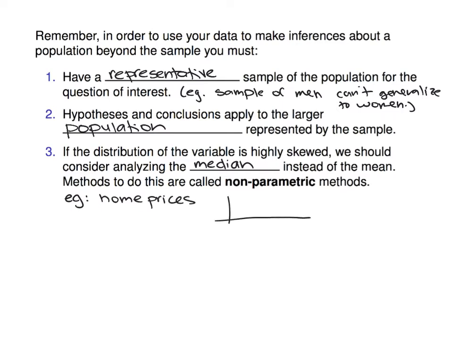If you look at home prices for lots of homes, there's a bulk of homes in a modest range, and then there's lots of variability in the top end, and there are super expensive homes, like, out here is Prince's home, which is super, super fancy. So if you were to make a bar graph of your data and it looks something like this, you probably should look at the median instead. And actually, if you ever hear something on the radio where they're talking about home prices, they do talk about the median. It's never the mean, it's always the median home price.